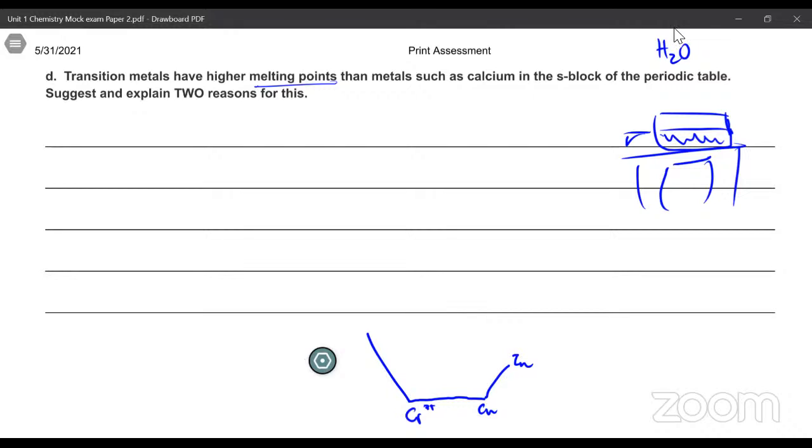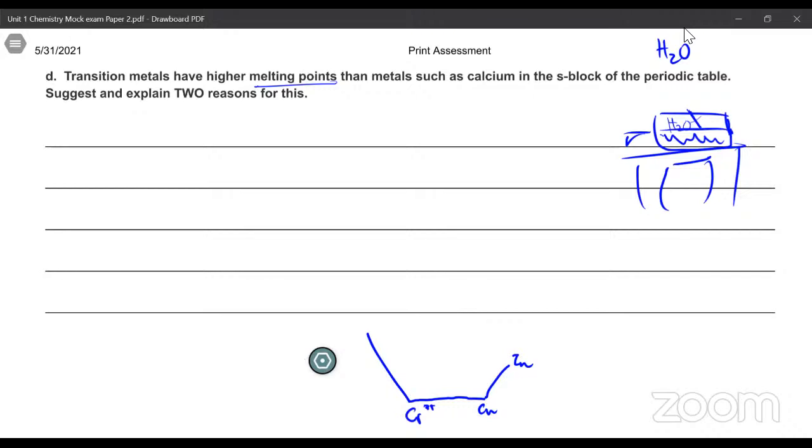Rather, in boiling, the H2O molecules are breaking apart from each other. So the hydrogen bonds between the different water molecules are breaking, allowing them to leave the surface of the water. Now, you have to think about transition metals and how they bond, and this would be more metallic bonding.